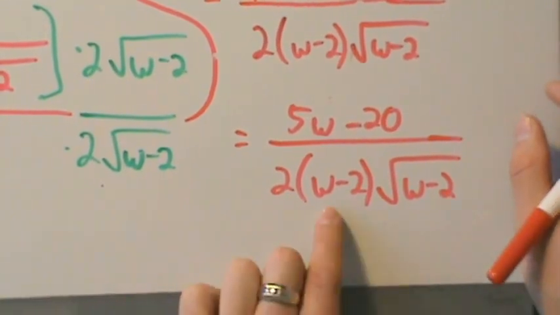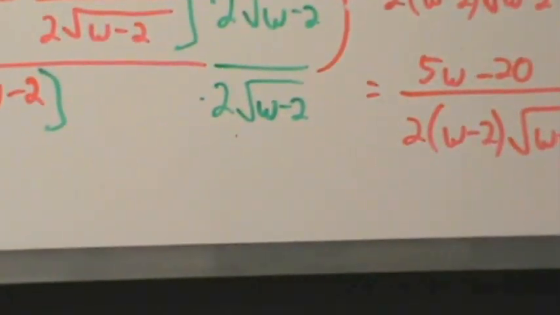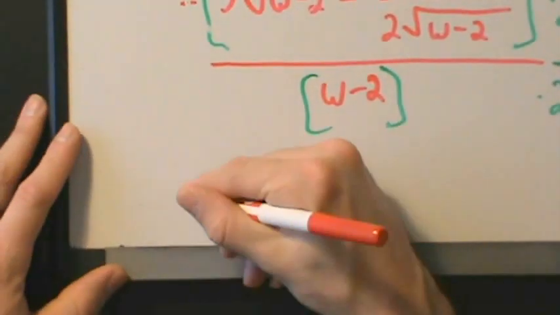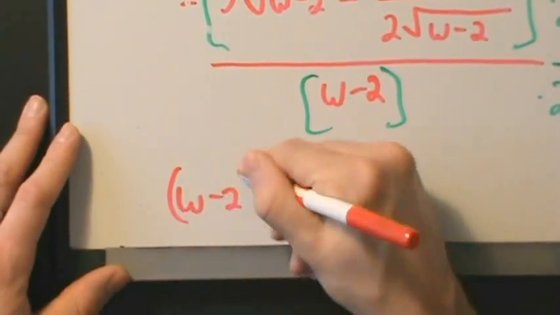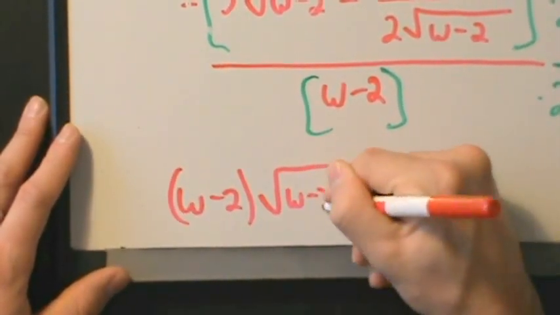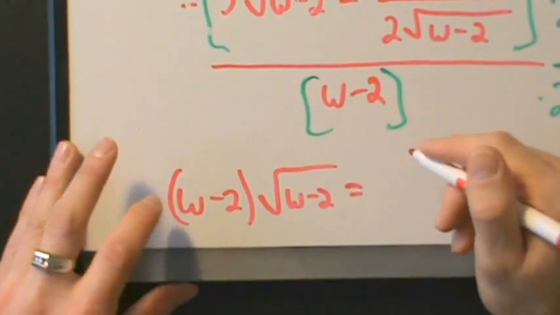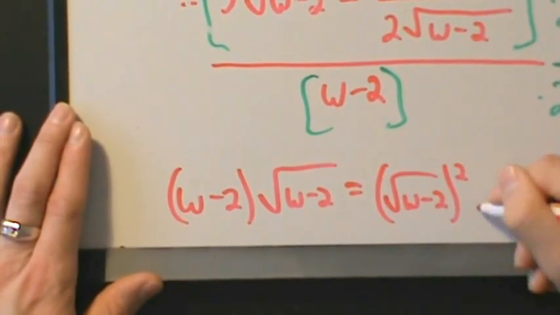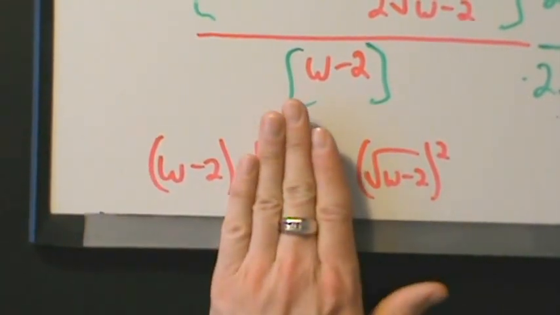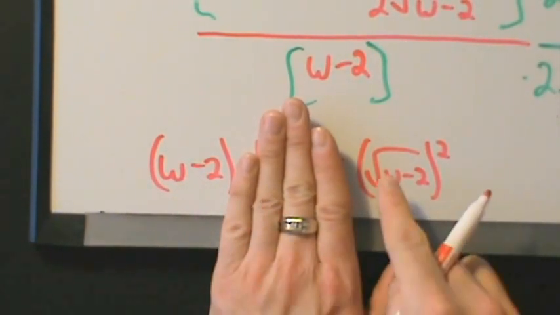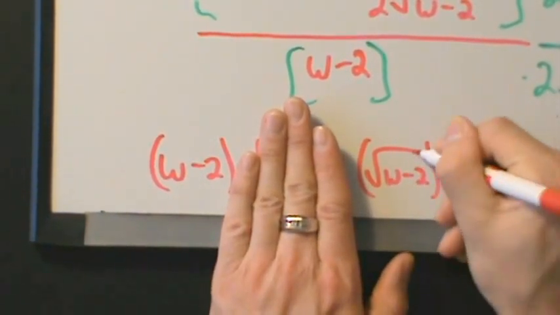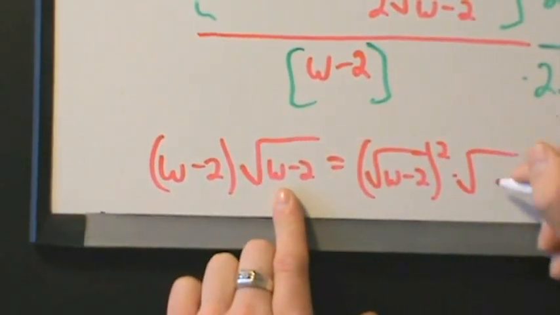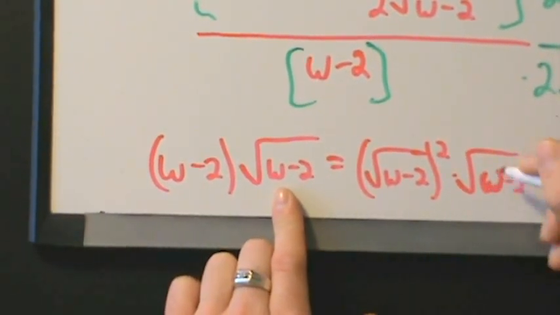So now w minus 2 times root w minus 2, let's come off here and make a side note real quick. Remember, w minus 2 is the same thing as root w minus 2 squared, right? So this by itself is the same thing as that root w minus 2 quantity squared. And then we're multiplying by this. So what do we have here?